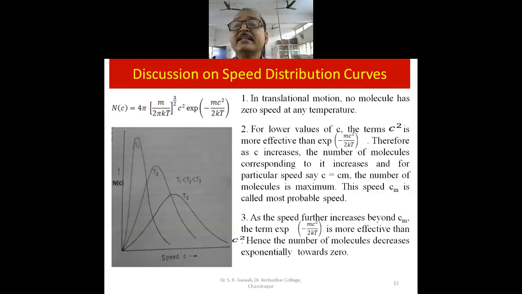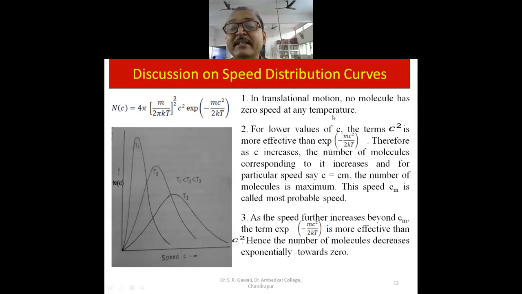In translational motion, meaning motion of a molecule in a straight path, molecules of the gas are moving from one place to another place. Such motion is nothing but translational motion, and in translational motion, no molecule has zero speed at any temperature.